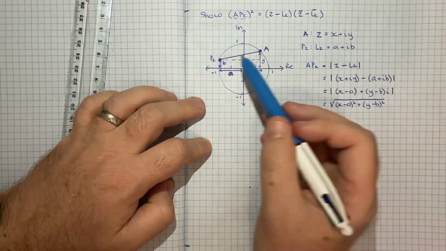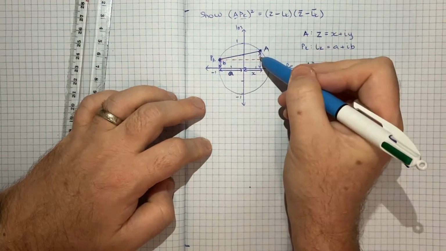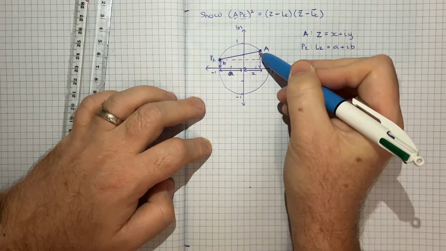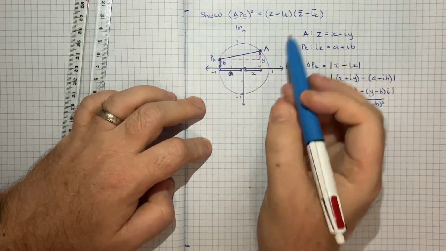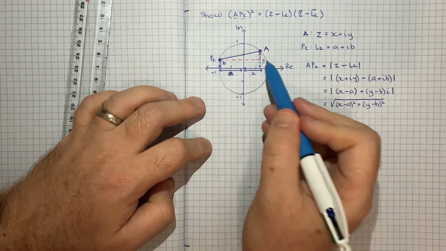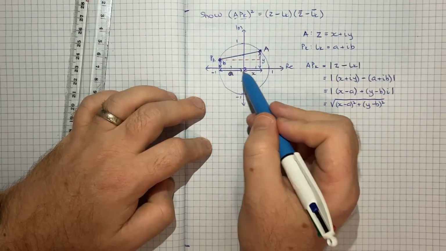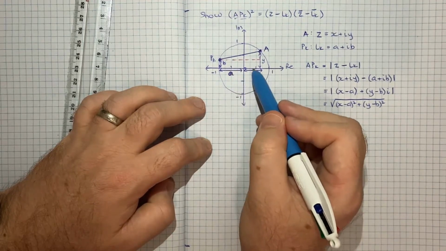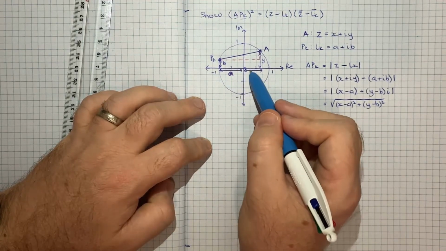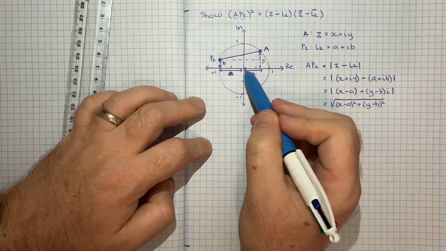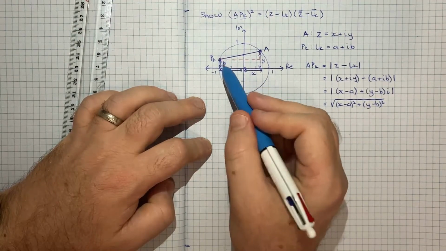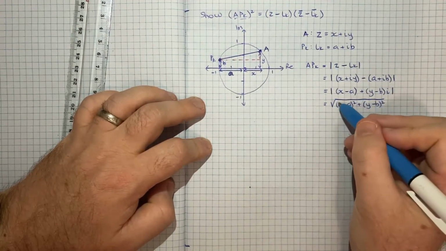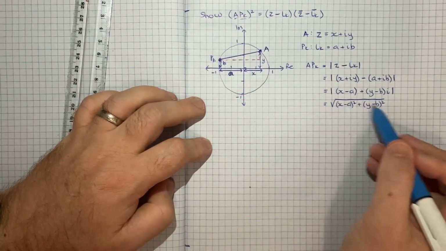You can also see that visually, because this distance here is y minus b, and this distance here is x minus a technically, but a will be negative, and that's how we see we're really adding them up. But it's really x minus a, where a is negative in this case. So you can see visually this is the result we get.